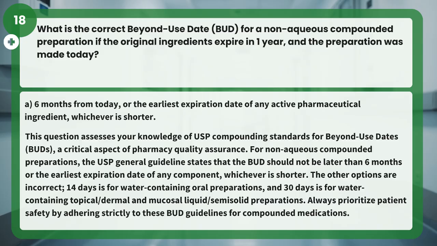The other options are incorrect. 14 days is for water-containing oral preparations, and 30 days is for water-containing topical/dermal and mucosal liquid/semi-solid preparations. Always prioritize patient safety by adhering strictly to these BUD guidelines for compounded medications.